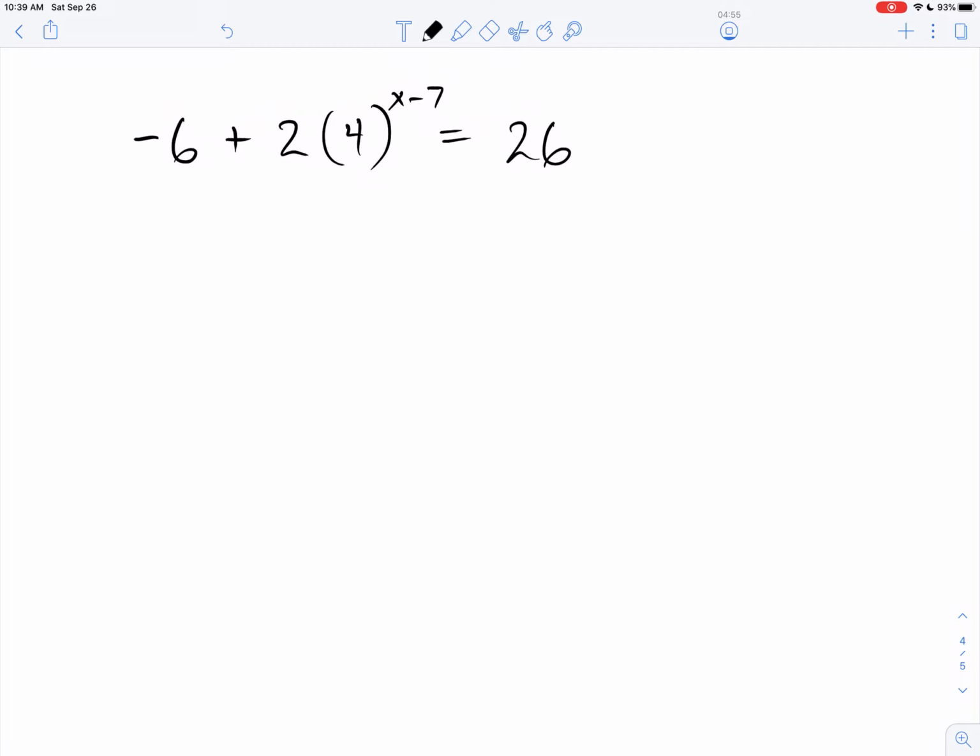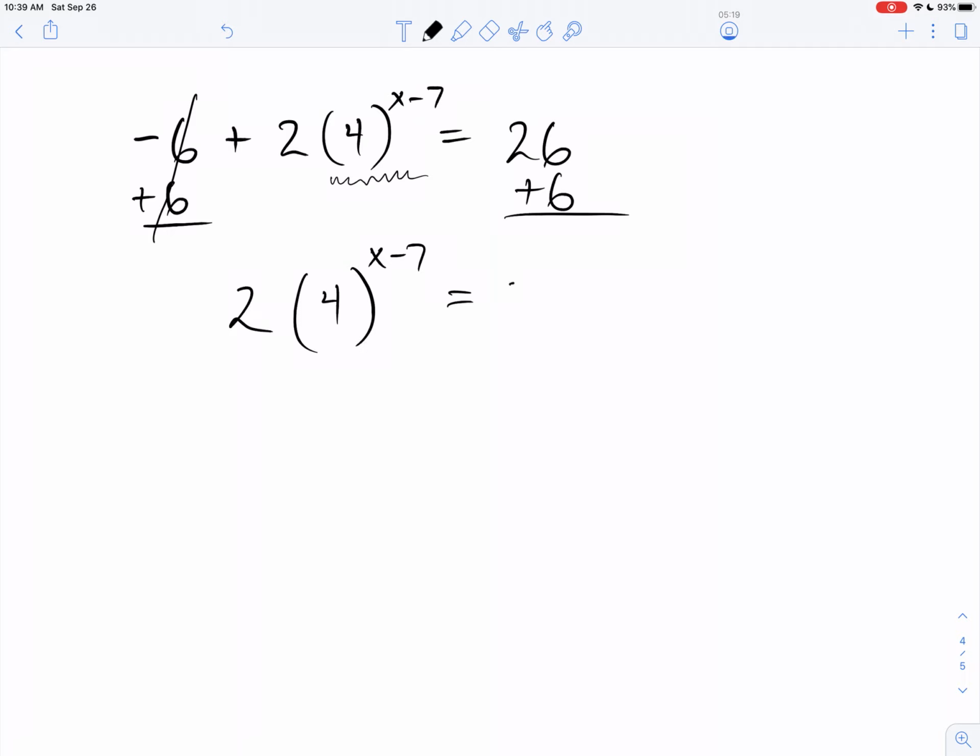But it's an equation, and one thing we know about equations is you try your best to isolate the part that has the variable. So, treat it just like any other equation. Let's peel away some pieces here to make this thing easier to see. And over here I'd have 32. I'd divide both sides by 2. And then I get 4 to the x minus 7 power equals 16.